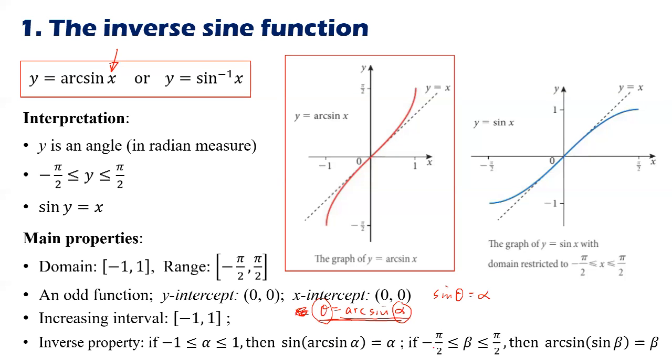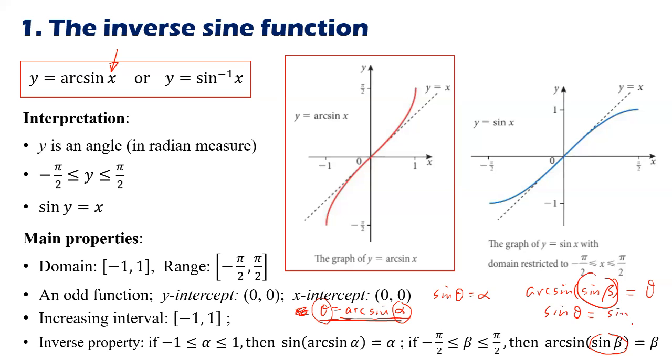Understand? And we have also the following relationship here. If beta is between -half pi and +half pi, then we have arcsine sine beta equals beta. Why? Because arcsine sine beta is just an angle, right? If we denote it using a letter, for example theta, that means theta is an angle, and the sine value of theta is here, right?